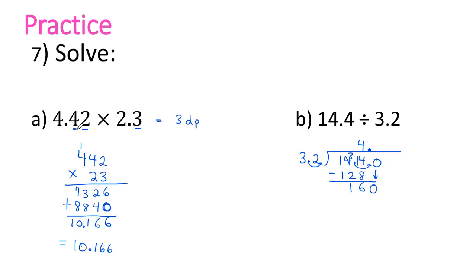And 32 goes into 160 5 times evenly. 5 times 32 is 160. So our result is a positive 4.5. But again, remember, if you had 14.4 divided by negative 3.2, if the signs are different, then your result would be negative.